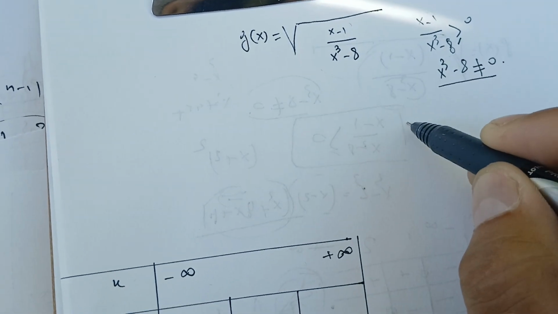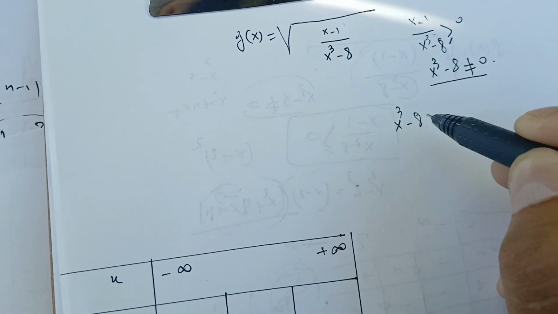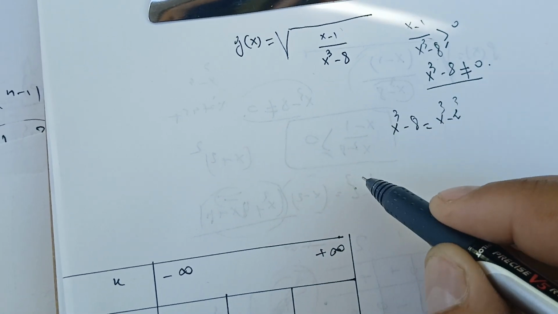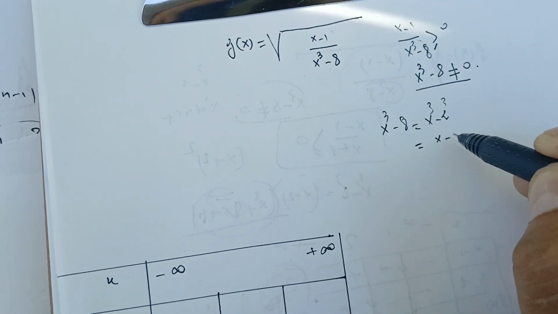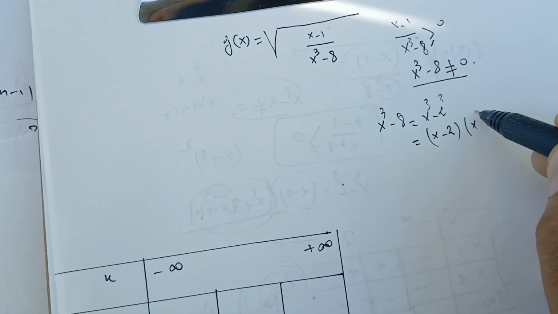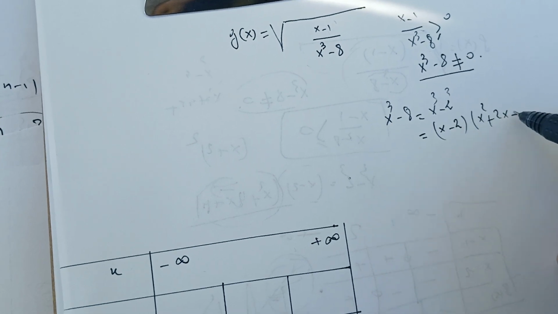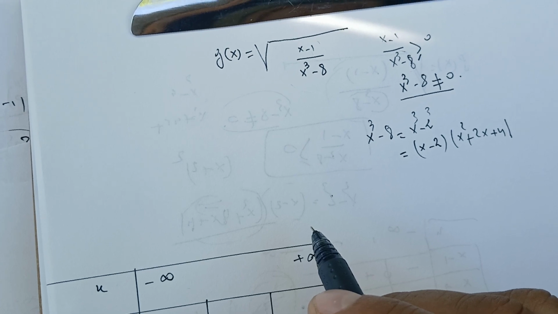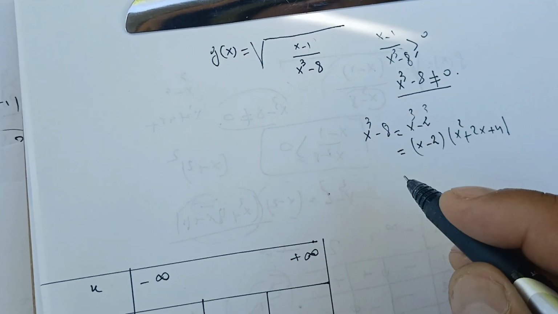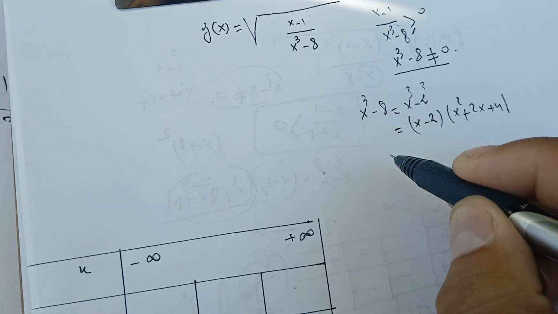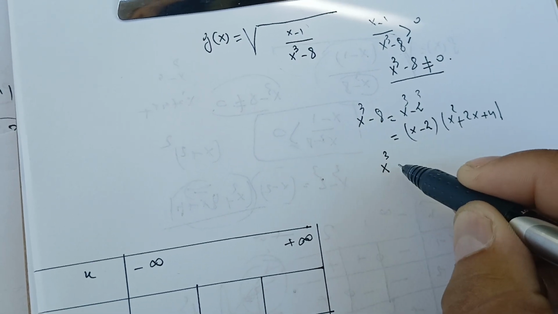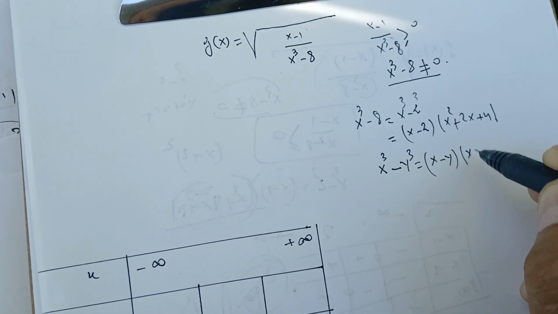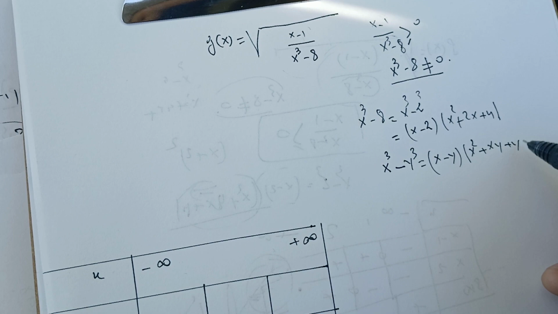We can factor x cubed minus 8 as x cubed minus 2 cubed. This would give us (x minus 2) times (x squared plus 2x plus 4). We know this from the famous identity: x cubed minus y cubed is (x minus y) times (x squared plus xy plus y squared).